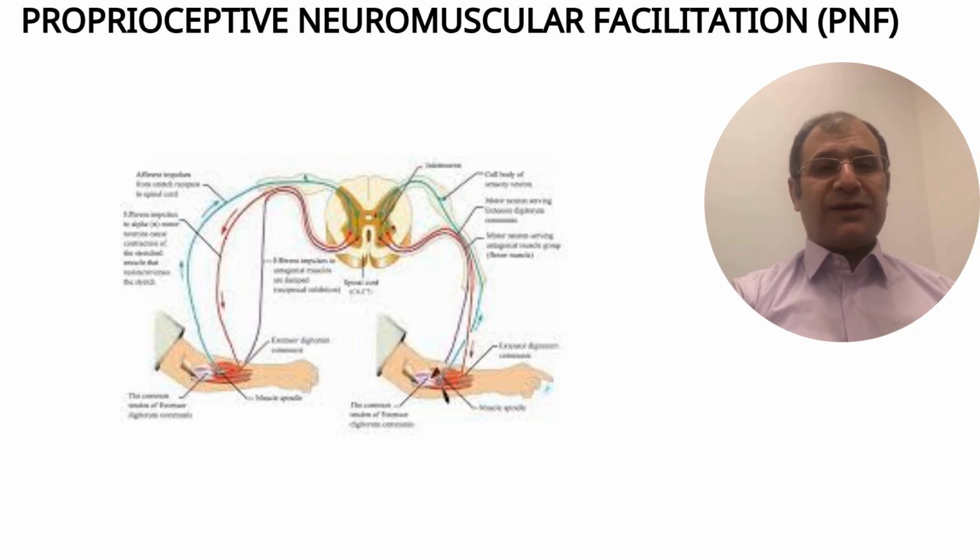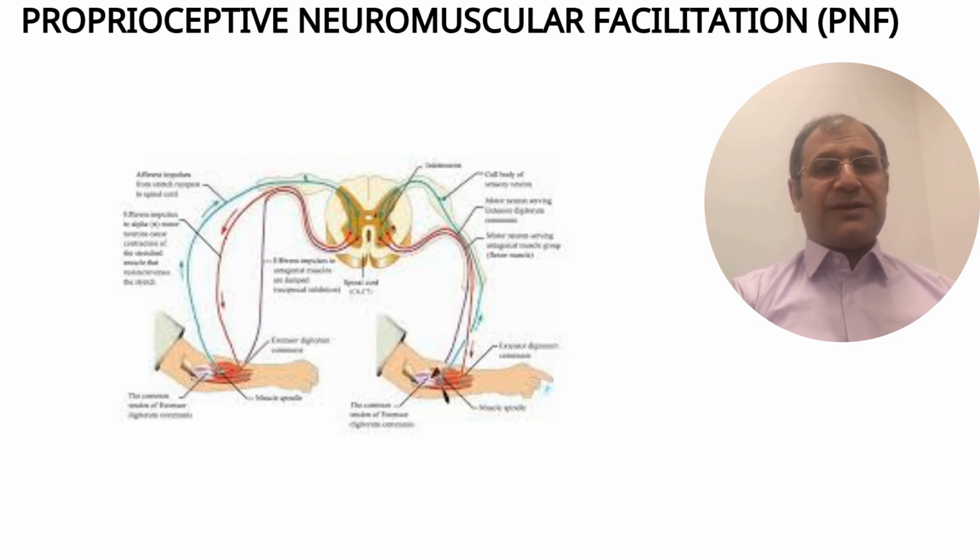The stretch reflex is an automatic response of a muscle to being stretched. It involves the activation of muscle spindles, which detect changes in muscle length and trigger a reflexive contraction to resist the stretch. When a muscle is stretched, muscle spindles that are sensory receptors within the muscle are activated.